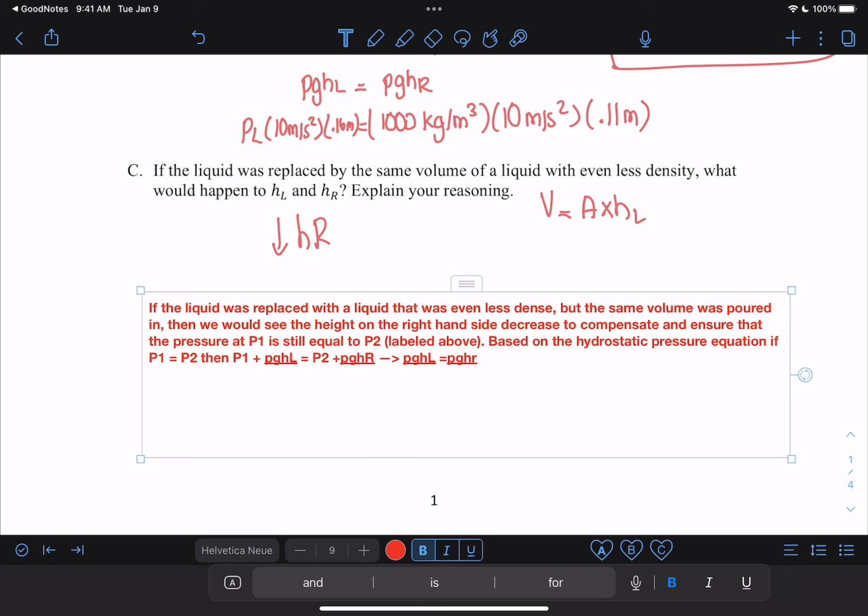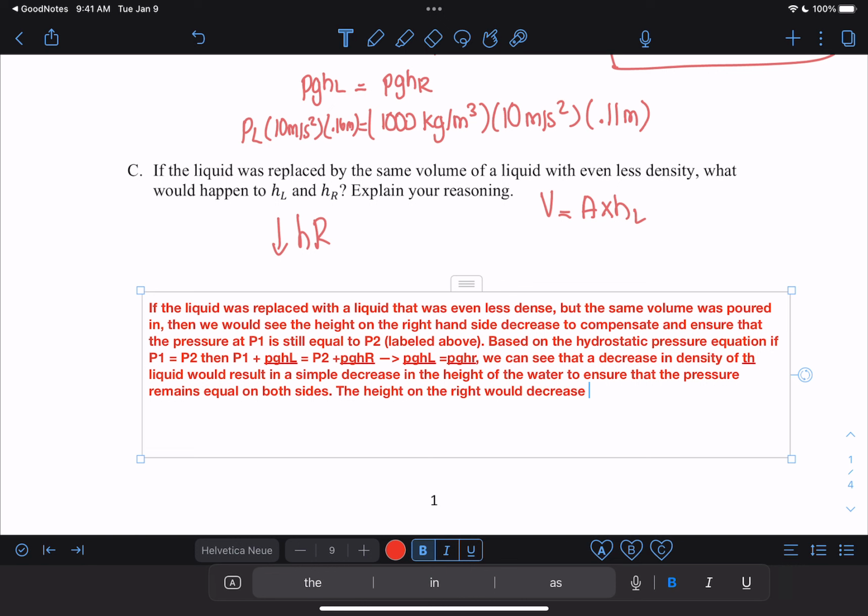We can see that a decrease in density of the liquid would result in a decrease in the height on the right to ensure that the pressure remains equal on both sides. The height on the right would decrease to offset the density decrease of the liquid to make sure that the pressure is the same.